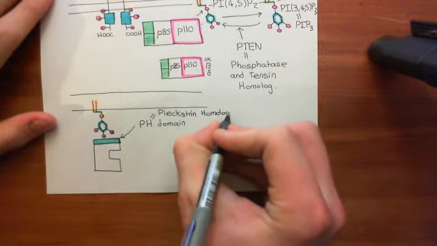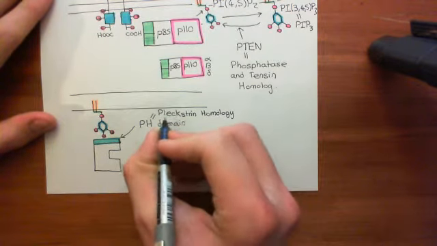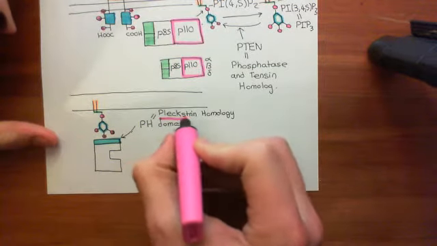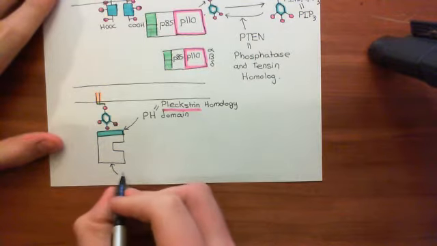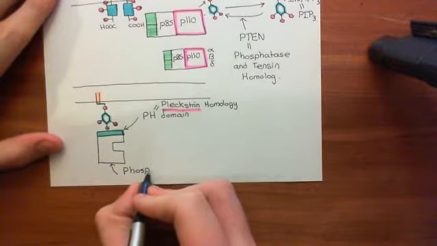The reason it's called that is that it's homologous to a domain that was originally found in this protein pleckstrin, which is found within platelets. This enzyme here, which was previously in the cytoplasm, is called phosphoinositide-dependent kinase 1.